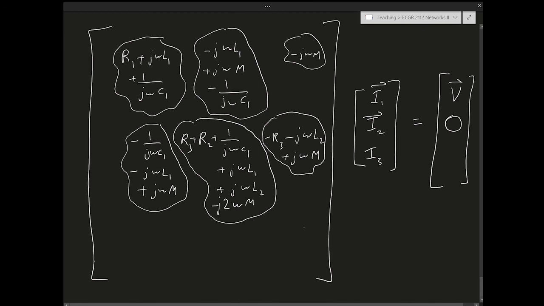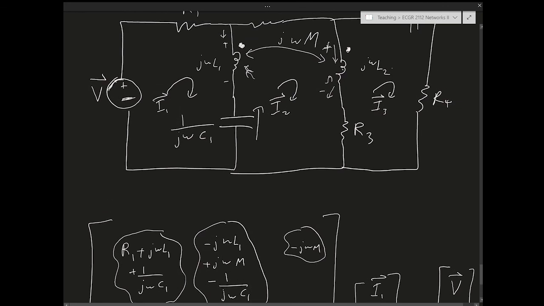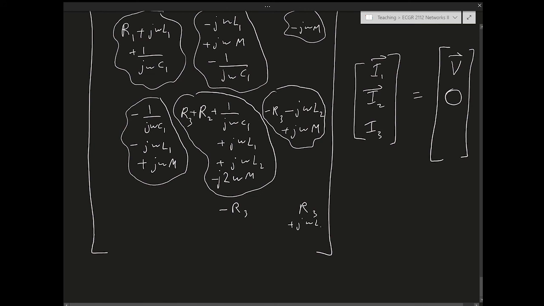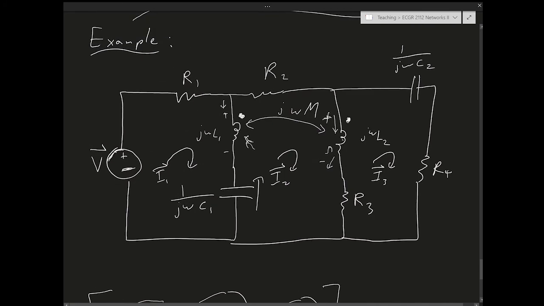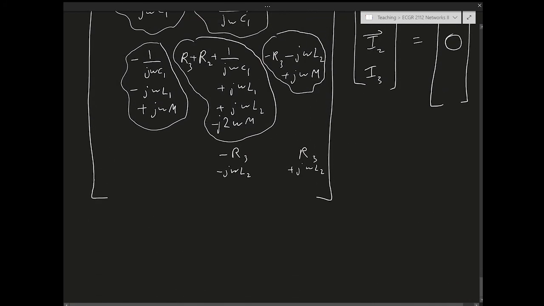So I'm going to have R3 minus R3, and then j omega L2 here, plus j omega L2 minus j omega L2. Again, you flip the sign when you go between I3 and I2, right? And then only in I3 I'm going to have 1 over j omega C2, so I'm going to have plus 1 over j omega C2.